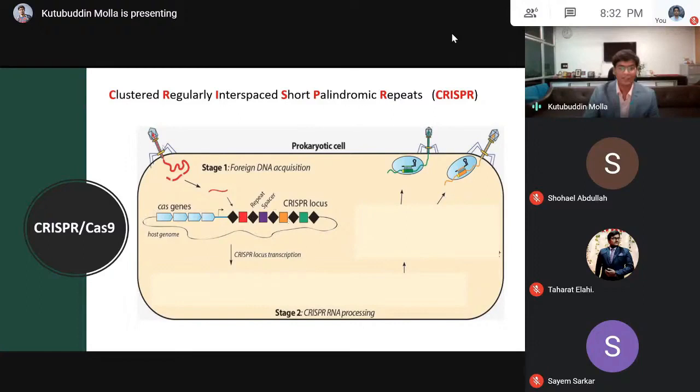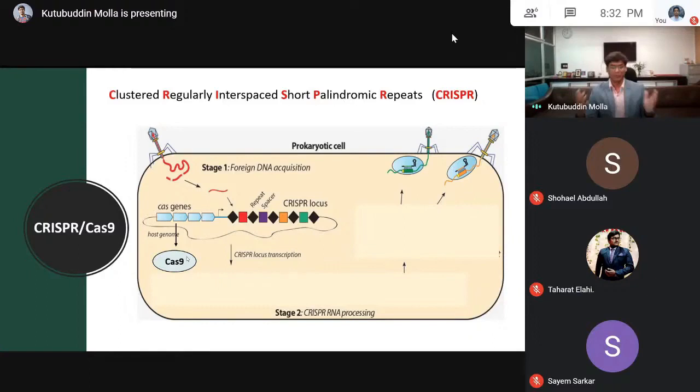Now scientists have analyzed that just beside this CRISPR locus there are other important genes residing. These are called Cas genes, and one of them produces Cas9. This Cas protein is nothing but a DNA chopping protein.